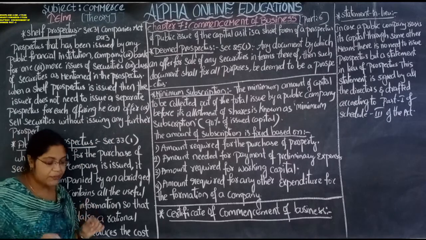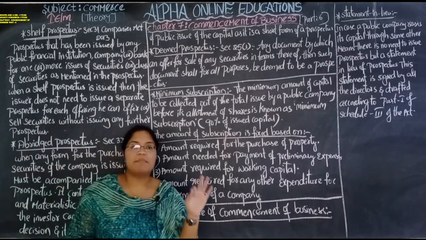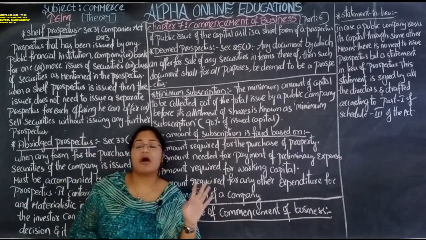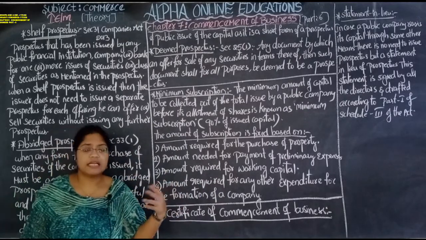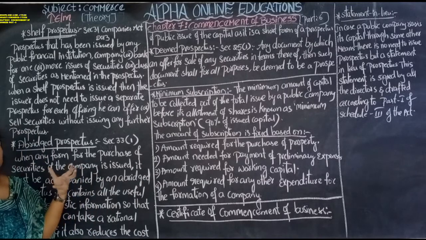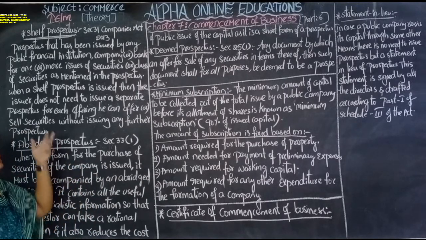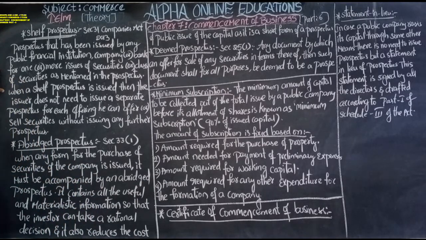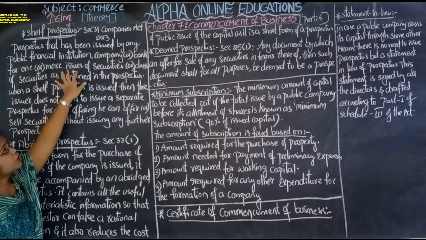So according to it, if a public company or financial institution or bank, anything that is public, wants to raise capital, and for that it issues the shelf prospectus, at that time it can make one or more issues of securities.